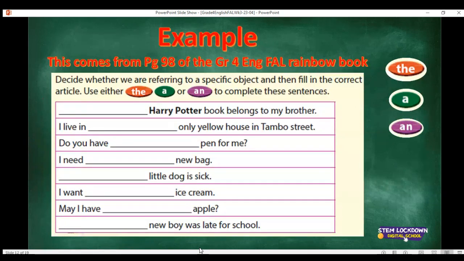So this page that I got comes from your rainbow book on page 98, from the grade 4 English first additional rainbow book. So they want us to put the, a, and an in the correct place.